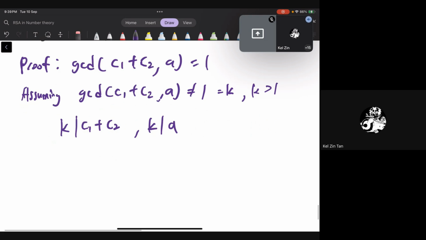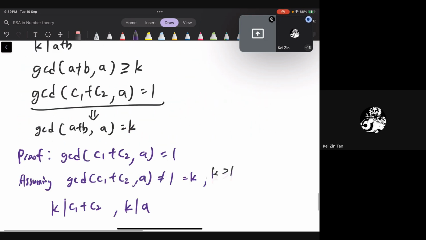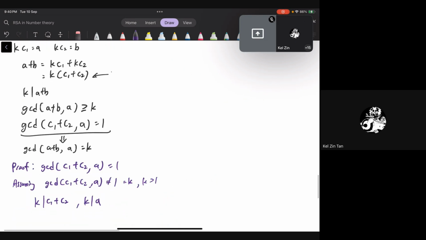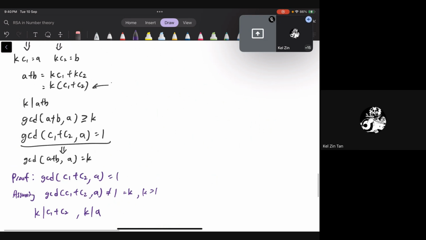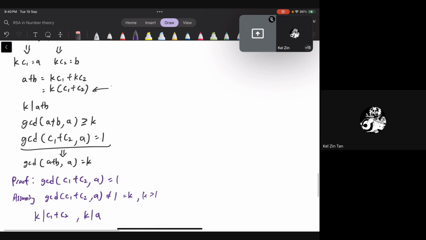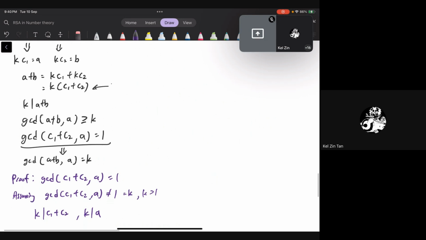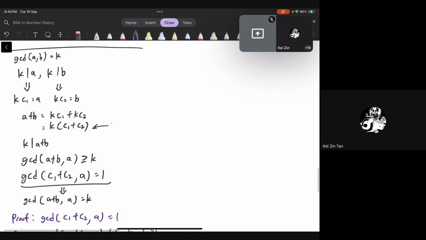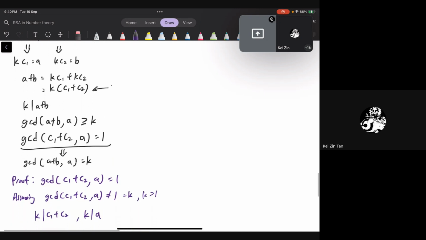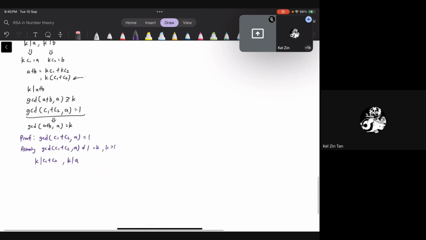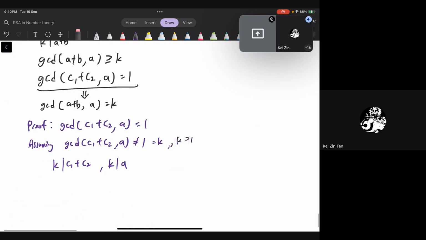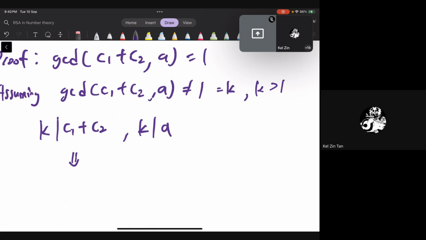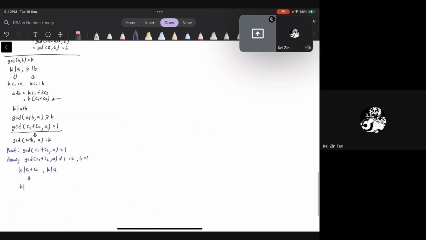Okay, and then, let me check something. Okay, so now we can rewrite this part. We rewrite C1 as A divides, oh no, I can't rewrite that.